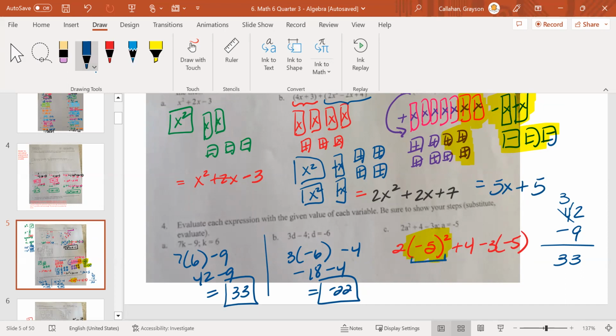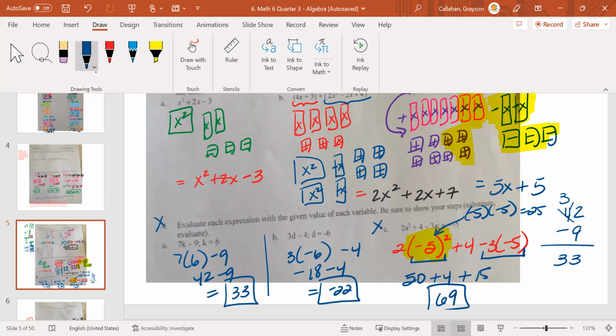So what is negative 5 times negative 5? 25, you put a negative 25. 25 times 2 is a positive 50. Do you see that? Plus 4, now you're going to multiply. Negative 3 times negative 5 is a positive 15. 50 plus 15 plus 4 is going to give you a 69. That's your answer, okay?